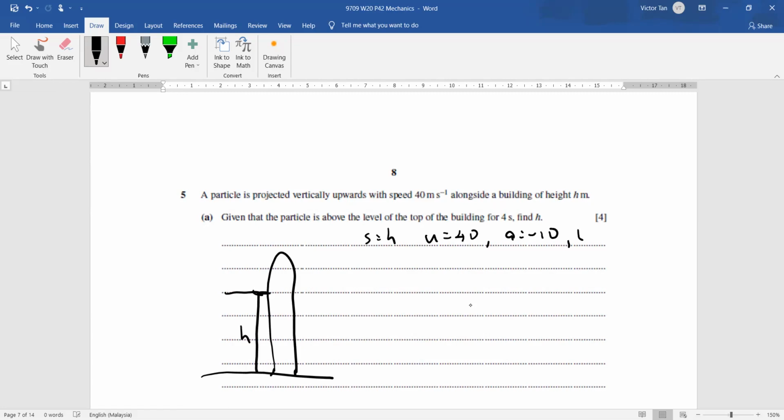So you're finding T. Using the formula S equals UT plus half at squared, H equals 40T minus 5T squared. So 5T squared minus 40T plus H equals 0.